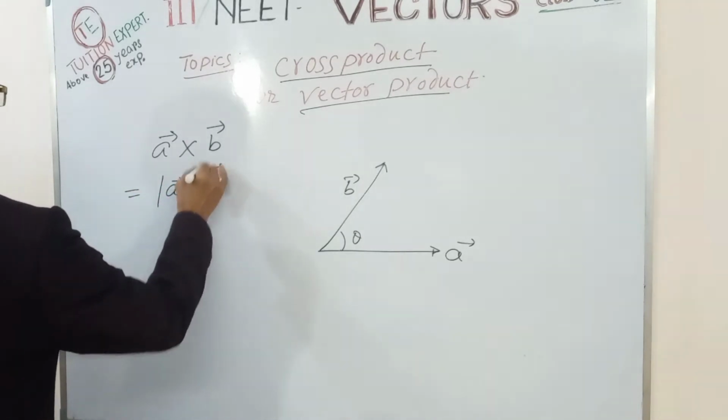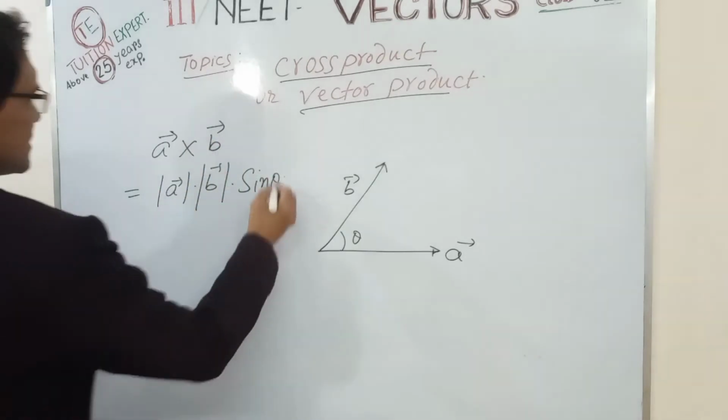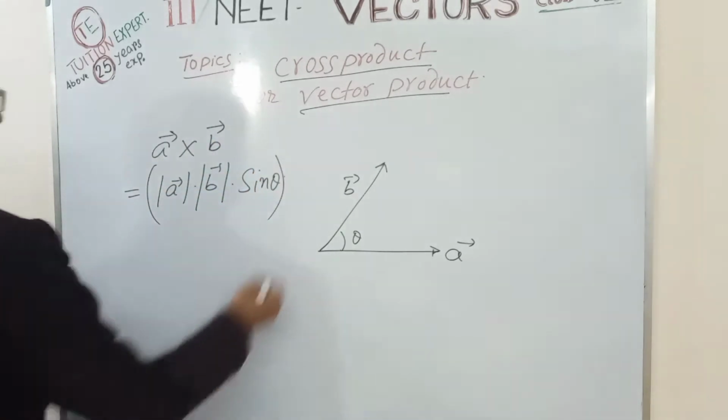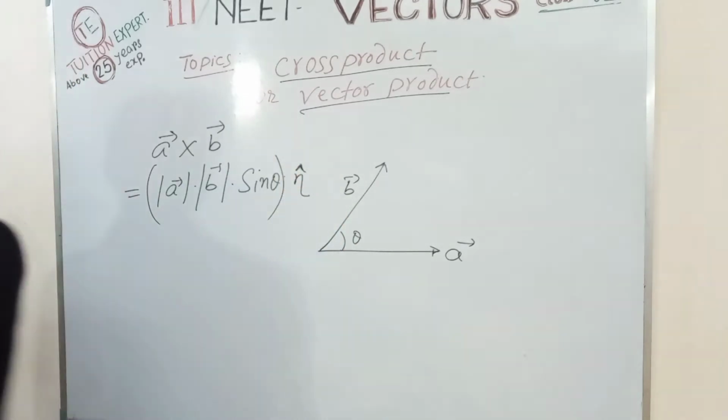Definition is mod A mod B into sine theta. This is scalar, and for a vector we need a unit vector.